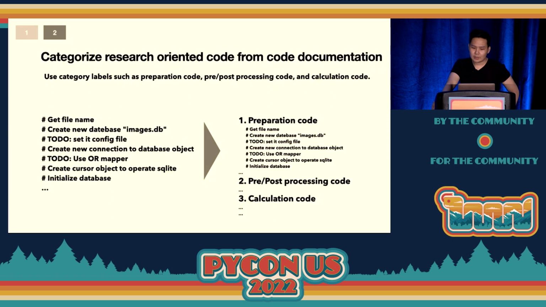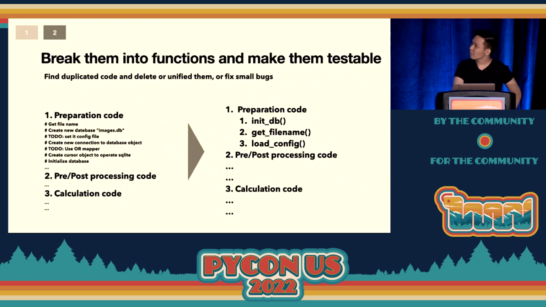Based on the comments you wrote in the previous step, categorize the code into preparation code, pre-post processing code, and calculation code. After grouping each code by levels, we can break them into functions and make them testable. While grouping, you would find duplicated code, unused lines or libraries, or small bugs. You can fix them in this step.